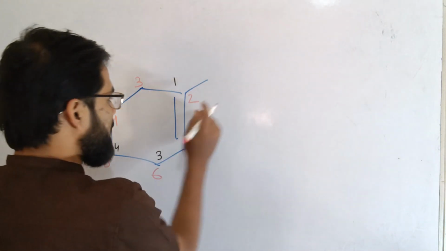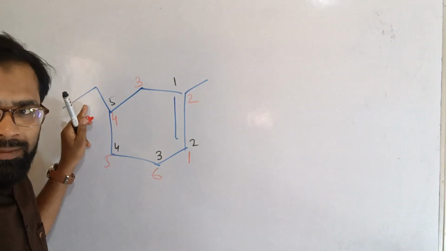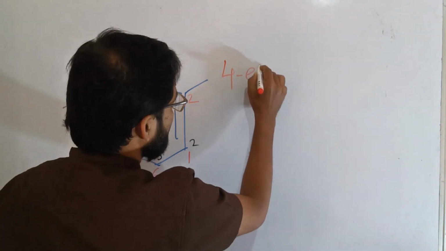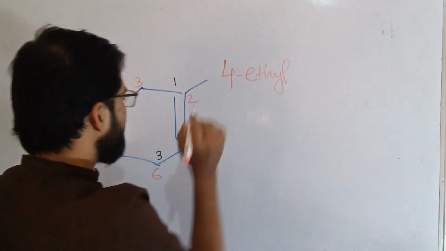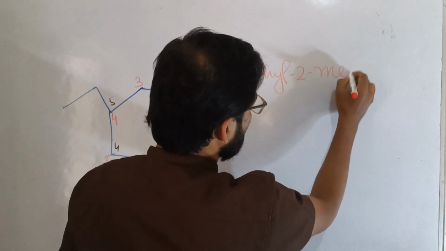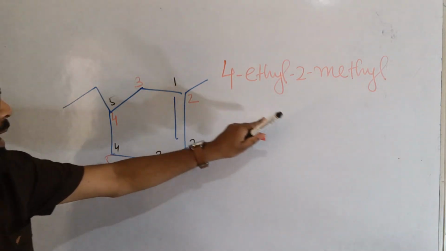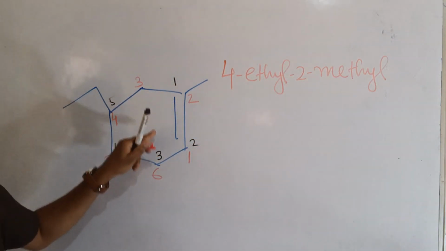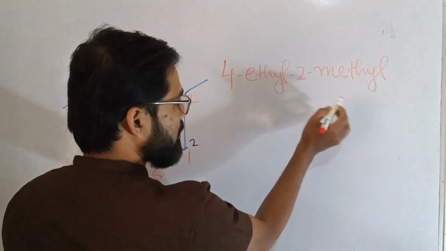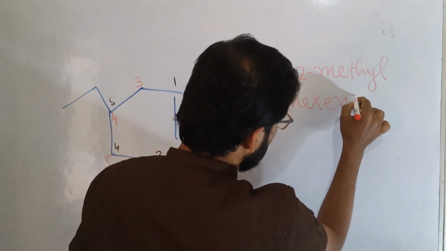Because of methyl and ethyl, alphabetically ethyl gets priority, E. So 4-ethyl-2-methylcyclohexene.